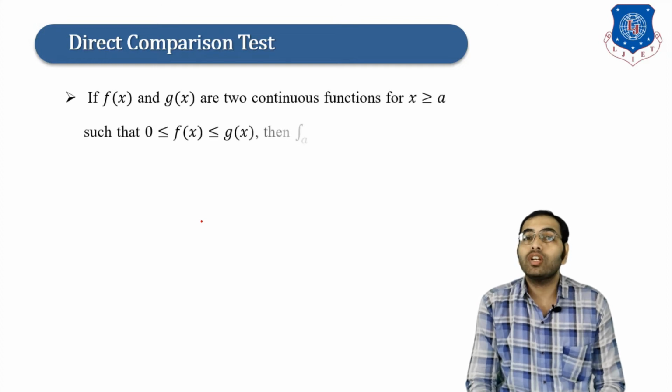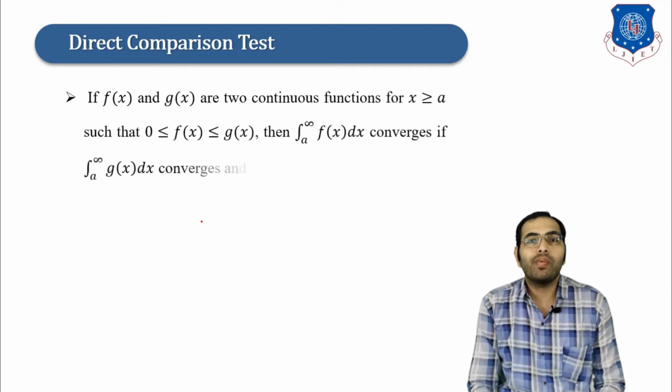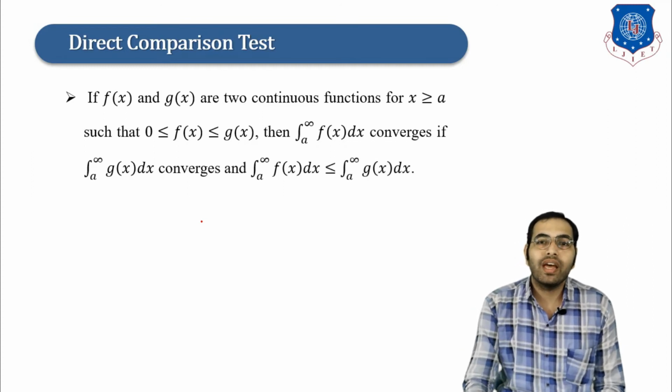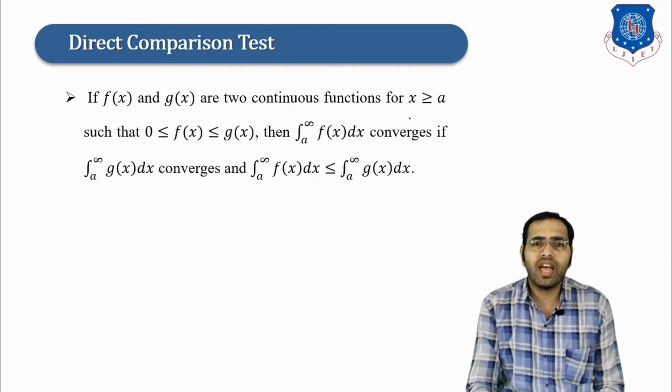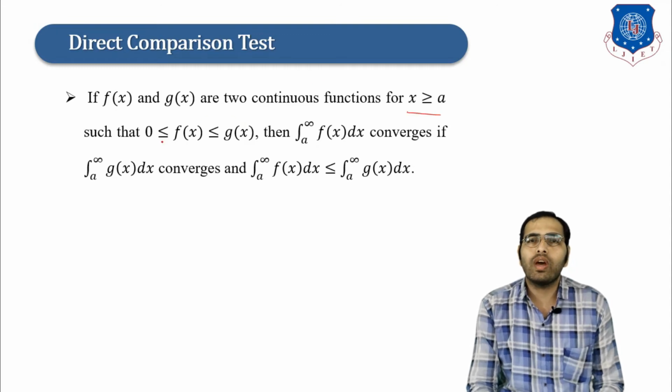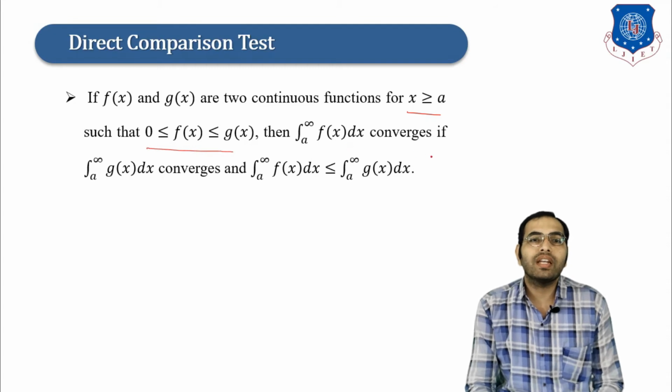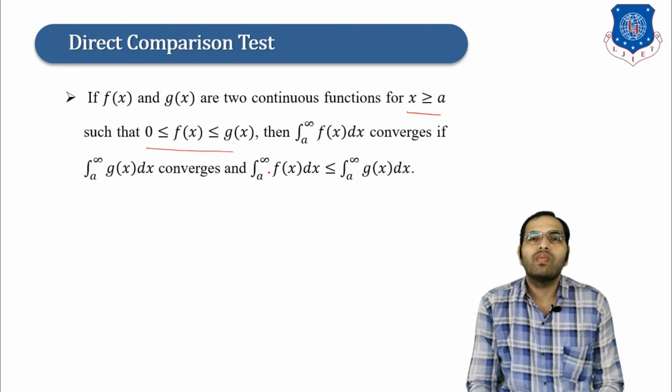If f of x and g of x are two continuous functions for x greater than a, such that 0 less than or equal to f of x less than or equal to g of x, then the integral a to infinity f of x dx is convergent if the integral a to infinity g of x dx is convergent, and the integral a to infinity f of x dx is less than or equal to the integral a to infinity g of x dx.